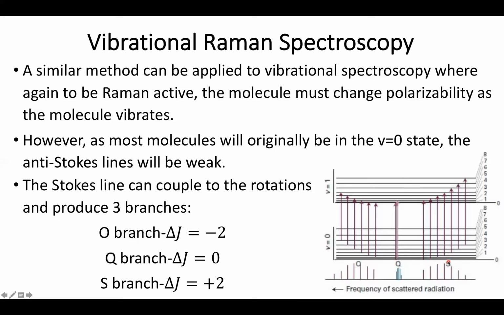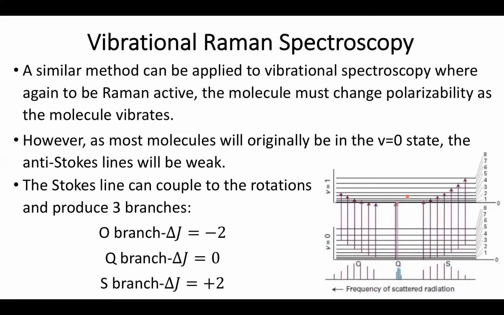This is related to the Stokes case, where I'm going way up and then coming back down to the J plus 2 state. This means that I stole some energy from the original photon I absorbed, and the photon released will have a lower energy as a consequence.